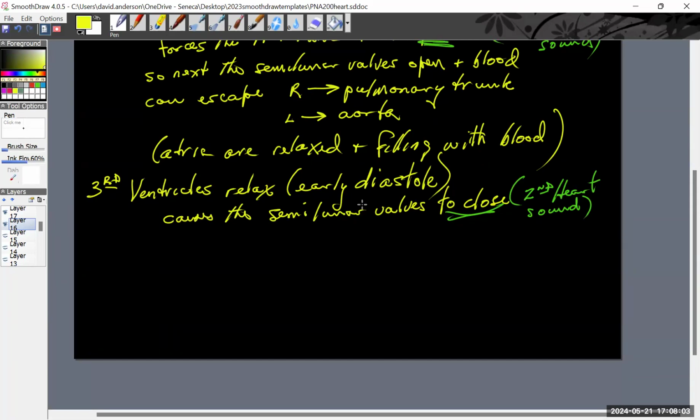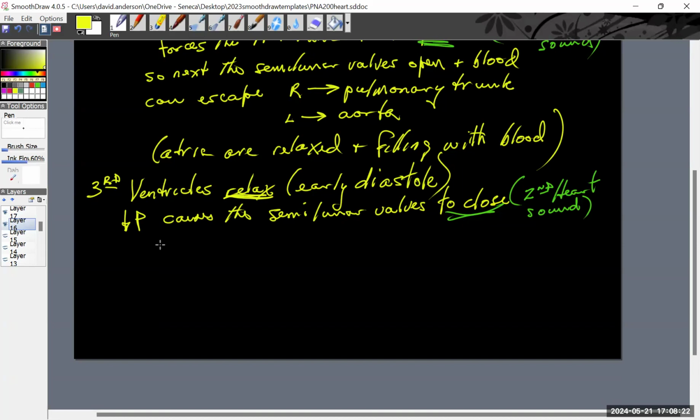Because the contraction stopped, there's a drop in pressure. That drop in pressure causes the semilunar valves to close. Now there's nowhere for blood to go and no reason for the blood to go anywhere. So the pressure continues to drop.